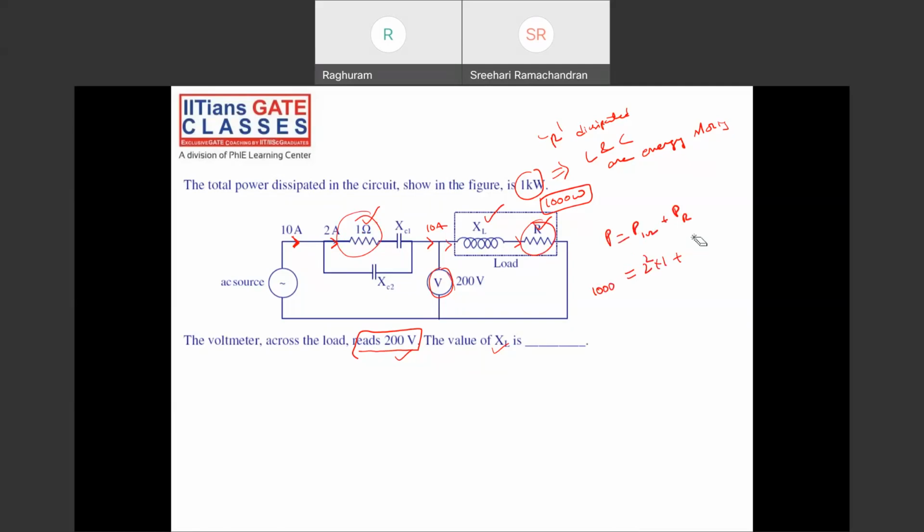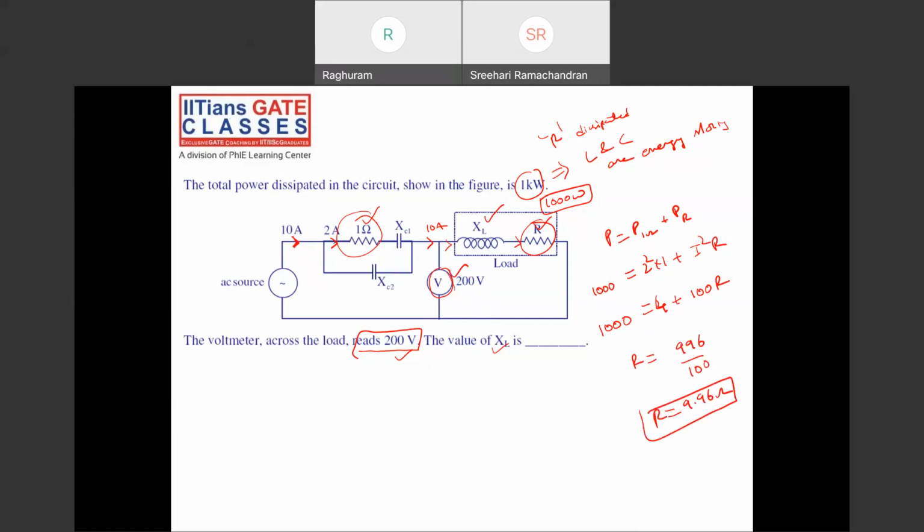I can write PR as I square into R. 2 square is 4 plus, I is 10 here, 10 square is 100 R. It's 1000. Can you find the value of R? R is nothing but 996 by 100, which is 9.96 ohms. You found R.